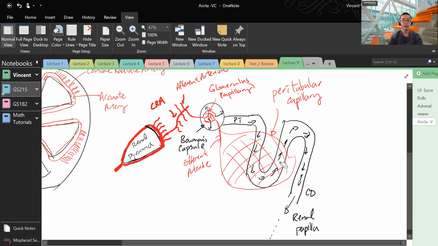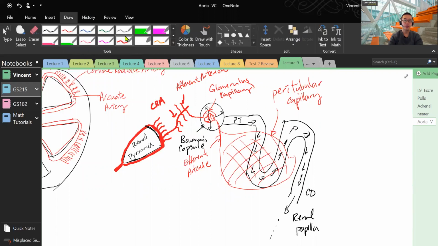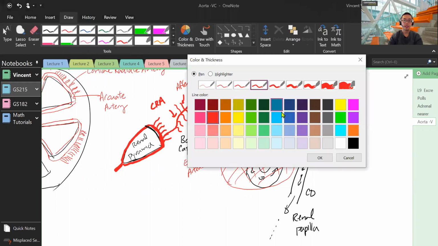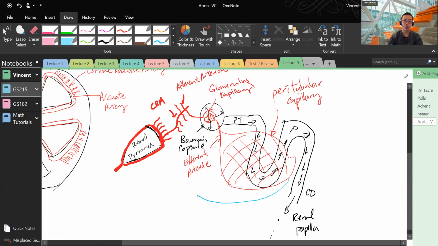So after the peritubular capillary, right, we're going to change color now. It's actually going to go all the way back here and become the cortical radial veins. Okay.